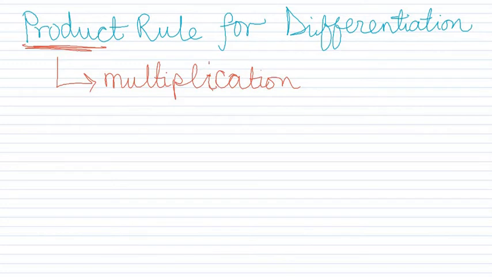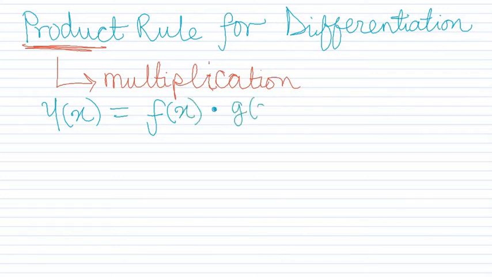So whenever you have a product rule, the functions tend to look like this. This is y of x, and then these are the subfunctions: f of x multiplied by g of x. Now, in elementary school, anytime we talked about multiplication, we used the cross sign to signify a multiplication symbol.